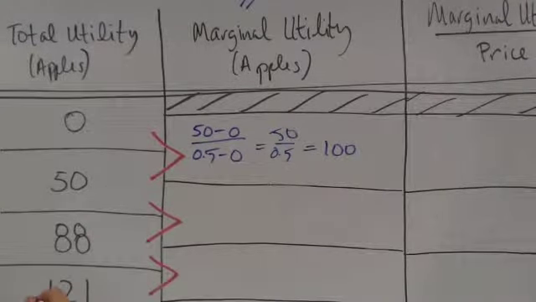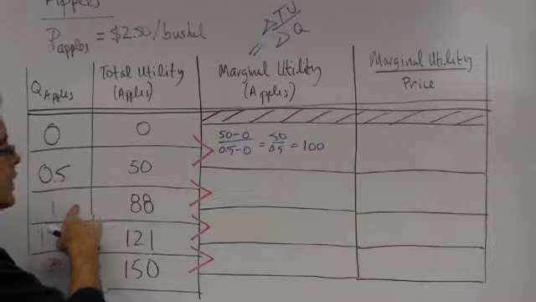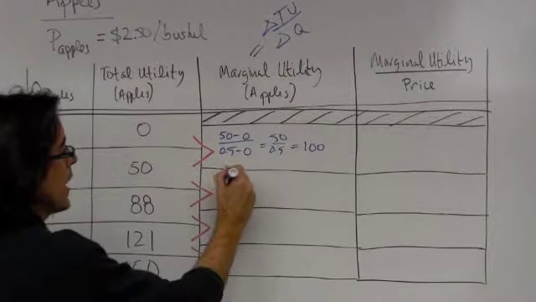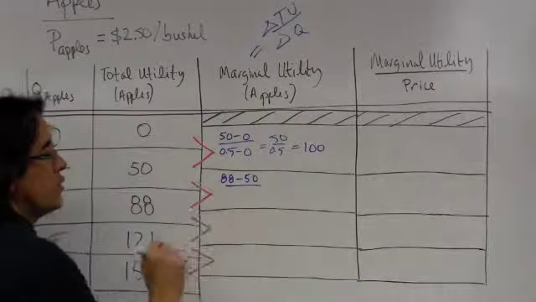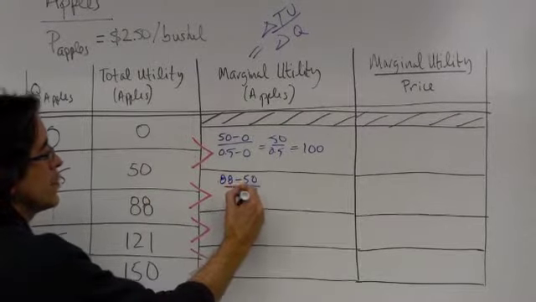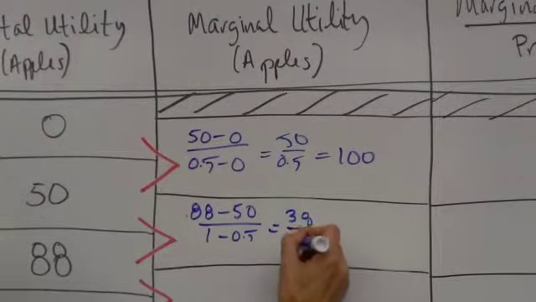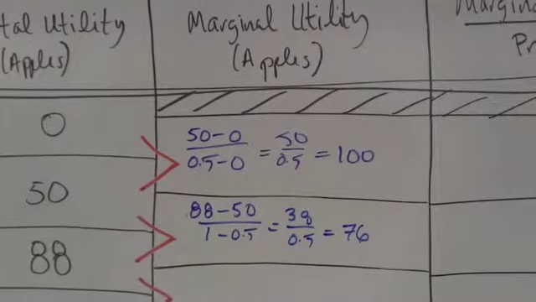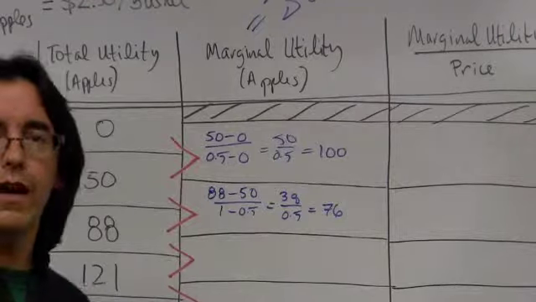We'll do a second calculation to reinforce the idea. In going from 0.5 to 1, our total utility goes up from 50 to 88. So 88 minus 50, the change in total utility, divided by the change in the quantity, 1 minus 0.5. We get 38 divided by 0.5, and that gives us 76. And like everything we do in my class, once we generate a number, we need to interpret that value.